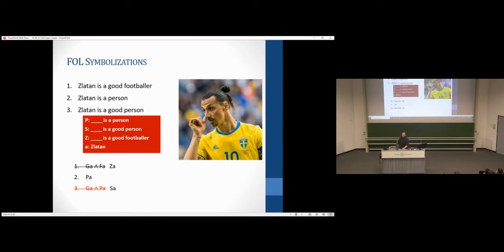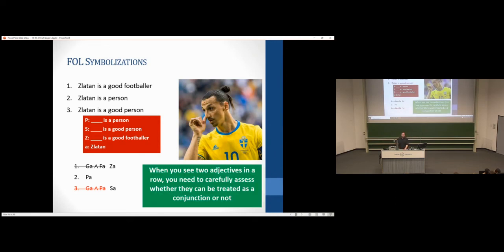So I use this as an example. I'm not going to give you something like this where I'll intentionally give you the wrong key, but it's a helpful little thing to point out. If you see 2 adjectives in a row, be careful to assess whether they're like the first example or whether they're more like Zlatan.